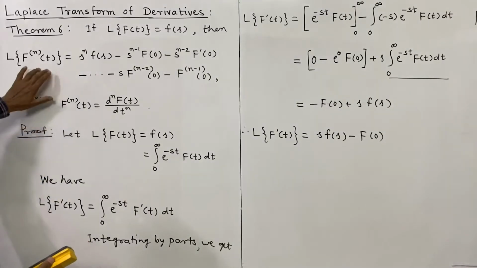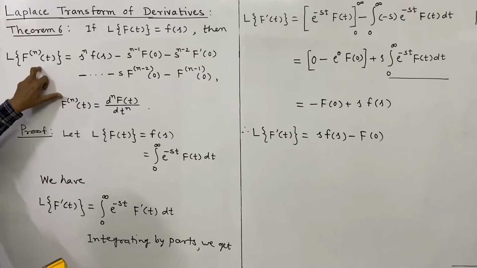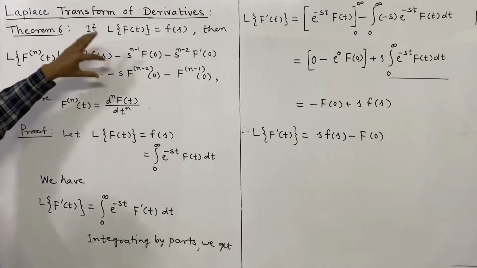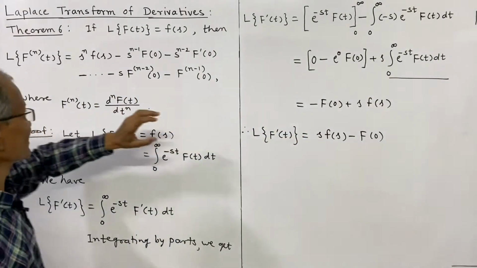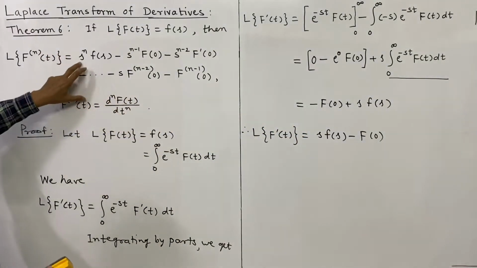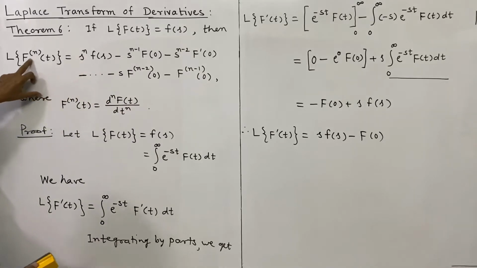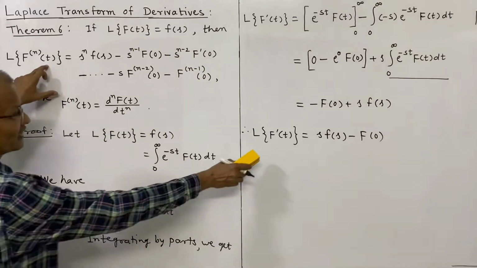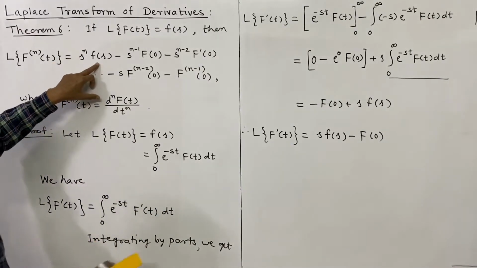Now this result is for the nth order derivative, the Laplace transform of the nth order derivative, and the right side is in this form. So the first term is s into f of s. See, if you put n is equal to 1, the result can be verified. So n is 1, that means the first derivative of f, which is the left side, and s power 1 is s f of s, this first term.